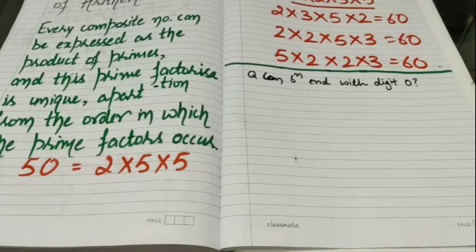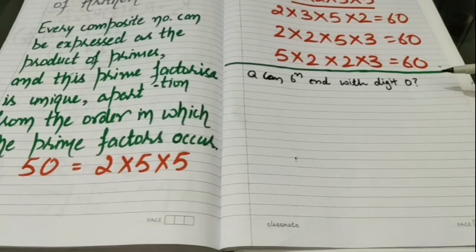Students, next we have the question: can 6 power n end with the digit 0 when n is any natural number? We will do this question by using the fundamental theorem of arithmetic. But before moving on, you need to keep in mind that only those numbers can end with the digit 0 whose prime factors contain 2 and 5.